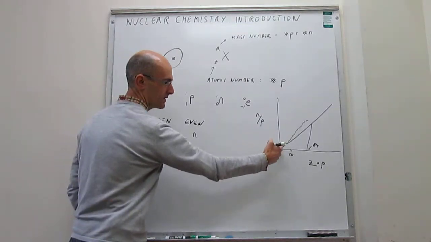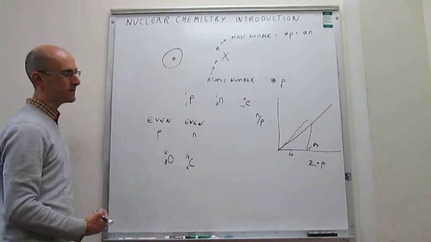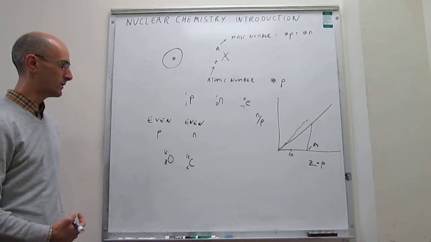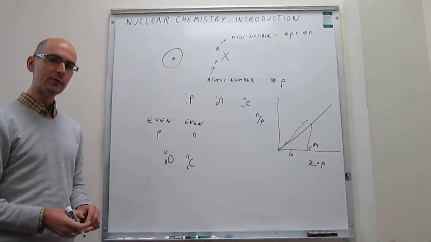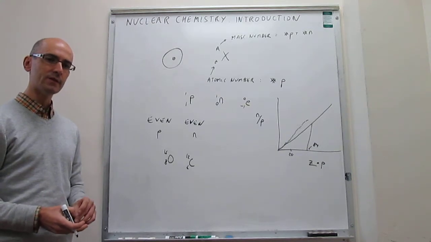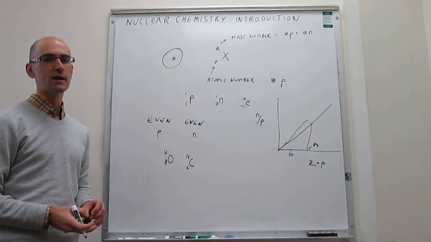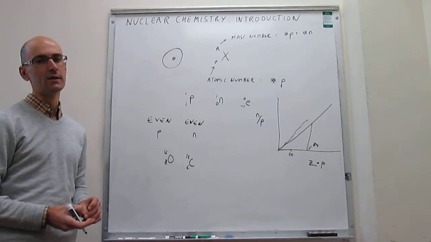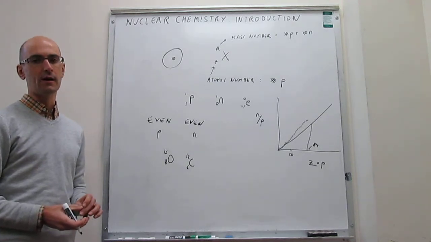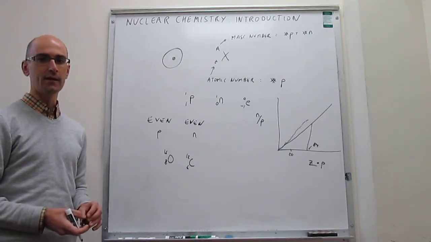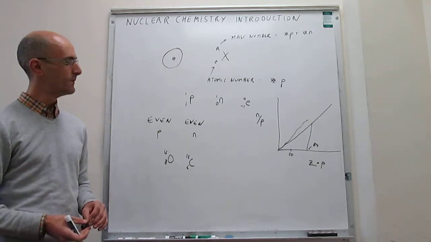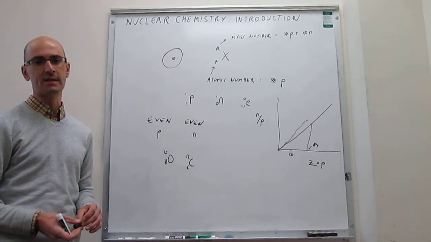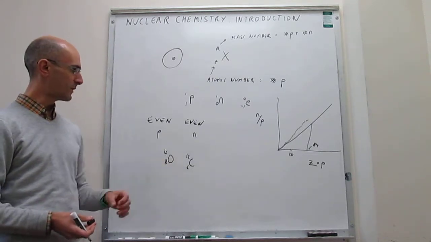That is also in this range right here, and that is also quite a stable nucleus. If you have an odd number of protons and an odd number of neutrons, then those tend to be more unstable. It doesn't mean that you can't find any nucleus with an odd number of neutrons and protons. What happens is that that is more rare. This is far more common.